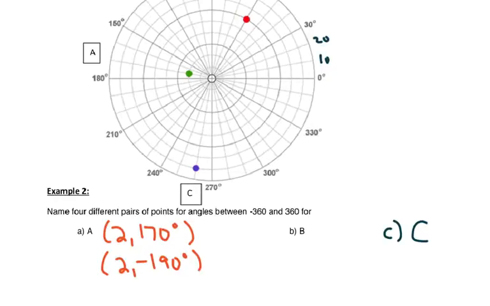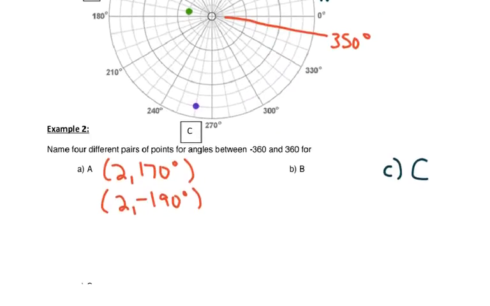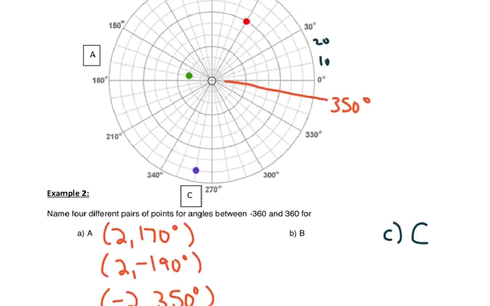So maybe I'm 180 degrees away from it, which would be here. 180 degrees away from it looks like it's, let's see, 330, 340, that looks like it's probably 350. So if I go to 350 but make the radius negative, it would also land on that green dot.